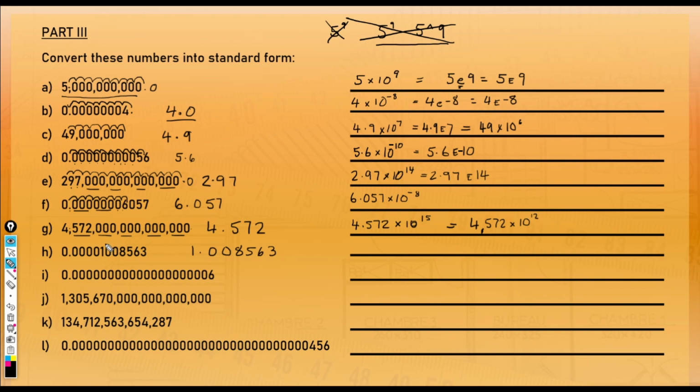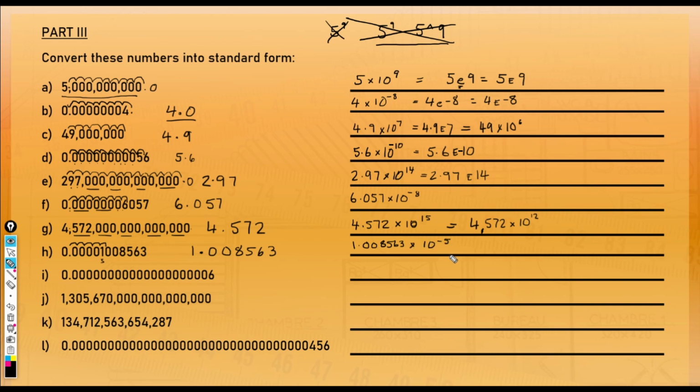We are 3 orders of magnitude here. So this 1 is by far the biggest part of this number, and it's the first non-zero digit. So that's where we put our decimal point. And so we're only counting 1, 2, 3, 4, 5 to get to where we place our decimal point. So this is going to be 1.008563 times 10 to the power of minus 5.